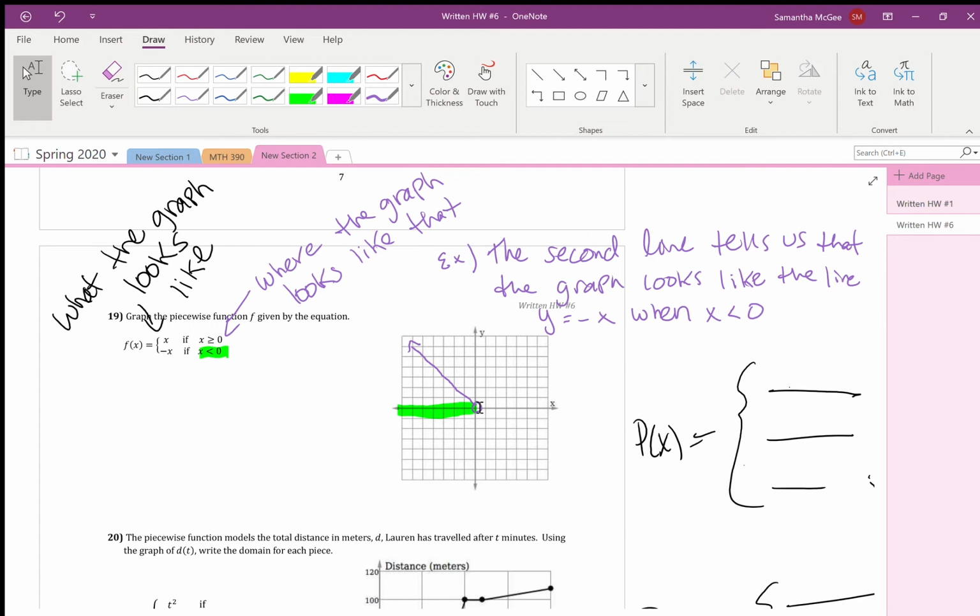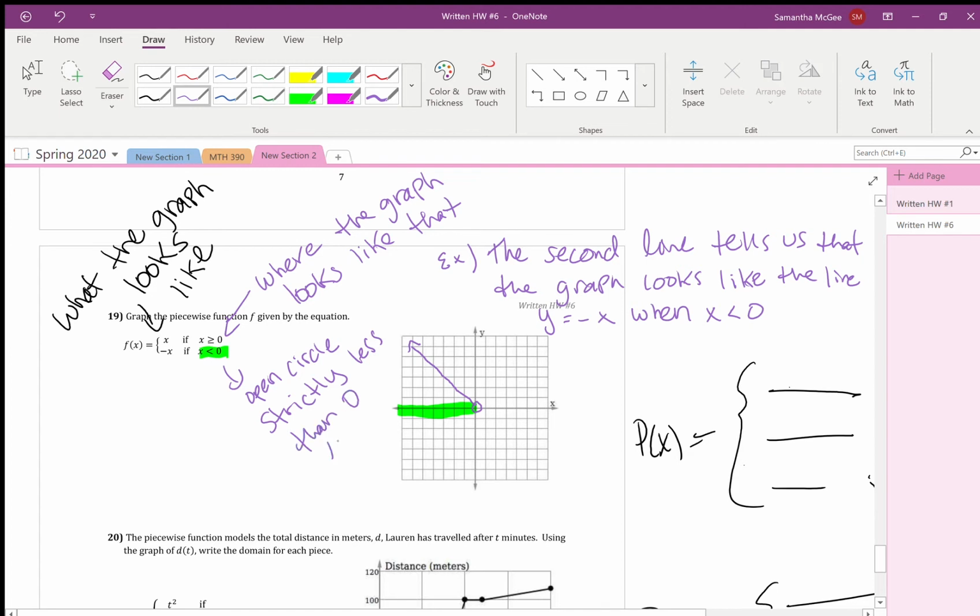We knew that it needed to be an open circle because it was strictly less than 0. We had x less than 0. We didn't have that or equal to. So we actually can't plug 0 into that piece.